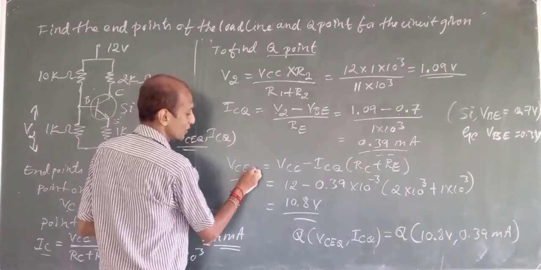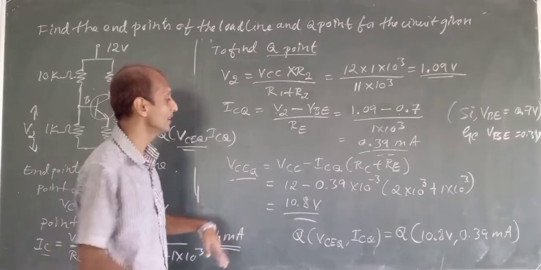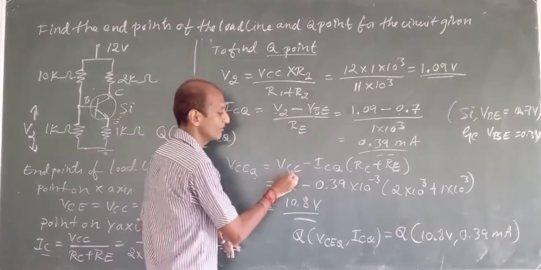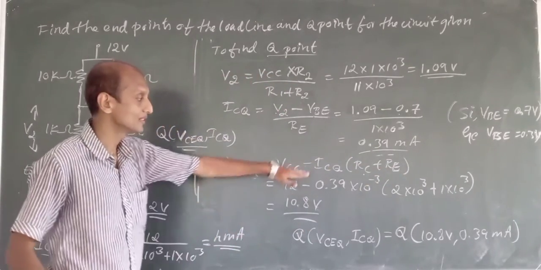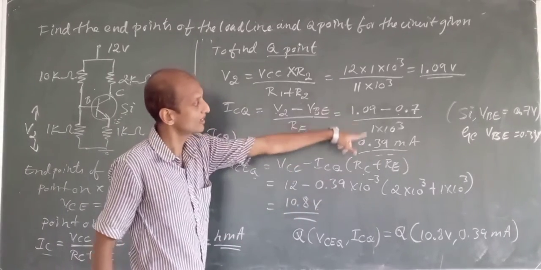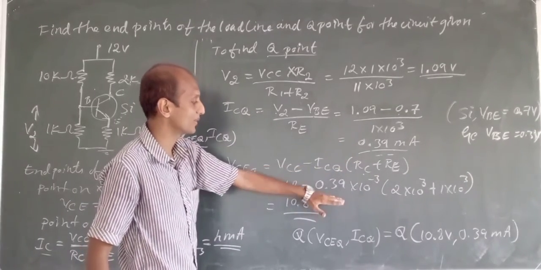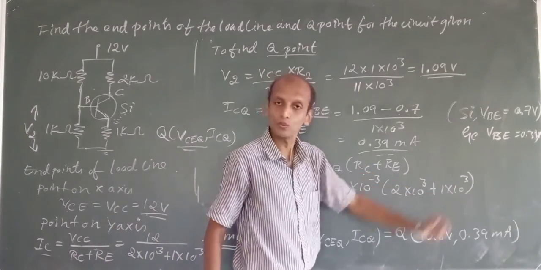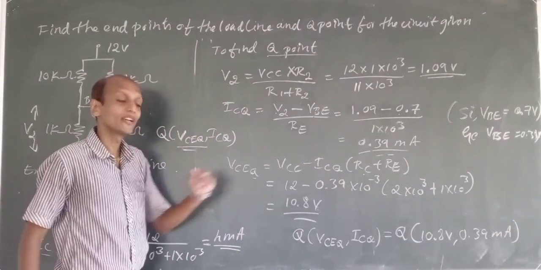After that, I should go for VCEQ. For finding VCEQ, we have the formula VCC minus ICQ into RC plus RE. If I put the values, 12 minus 0.39 milliamperes, the ICQ value I have found, into 10 to the power minus 3, into 2 plus 1 kilo ohms, that will come out to be 10.8 volts.